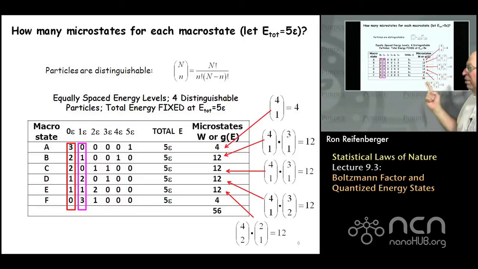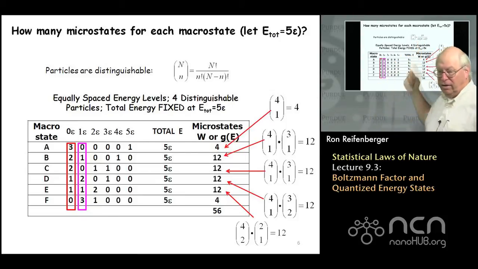I list the formulas that I use to generate the multiplicities for the other states. You can check my arithmetic and see that these multiplicities are in fact correct based on this very useful formula.